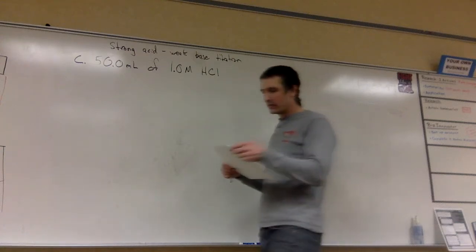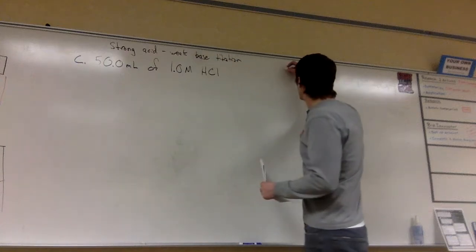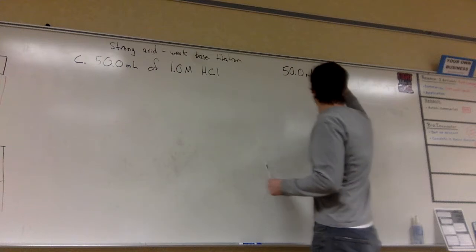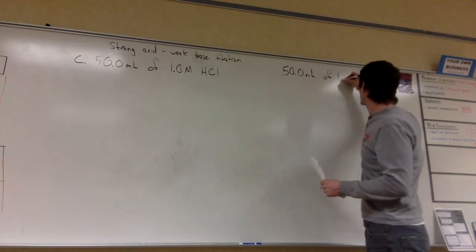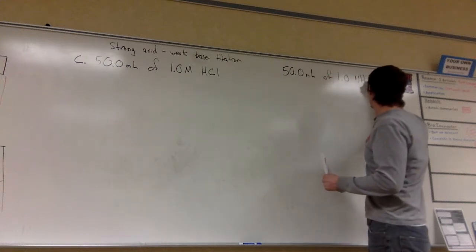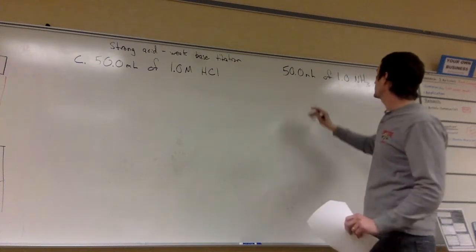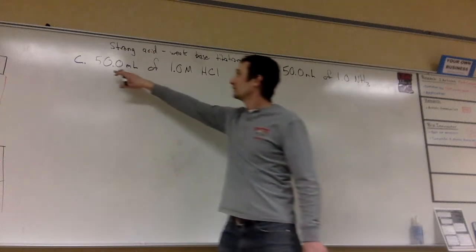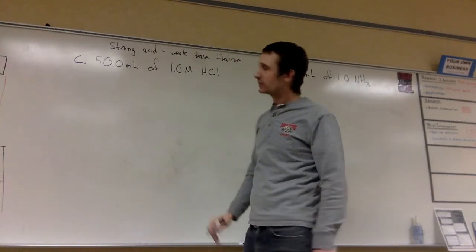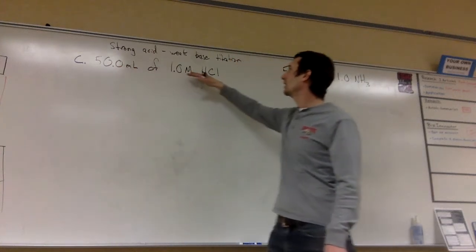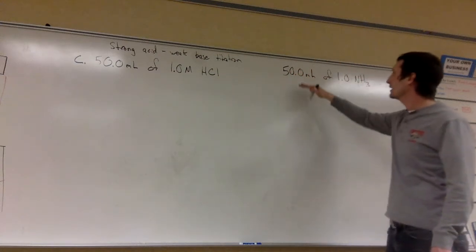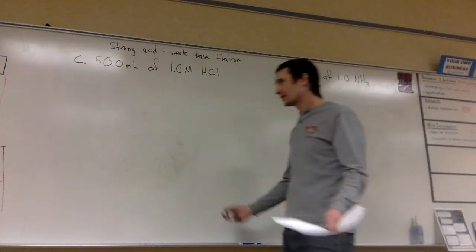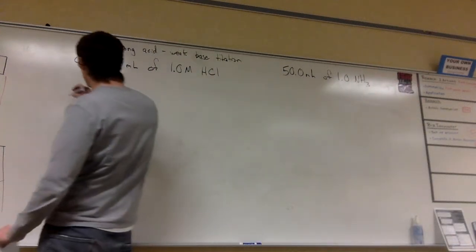Well, remember we were actually titrating 50 milliliters of 1 molar NH3. So just by looking at this, if you have the same volume and the same concentration, you have the same number of moles. So you've got the same number of moles of HCl as you started with for moles of NH3. So that by definition is the equivalence point.